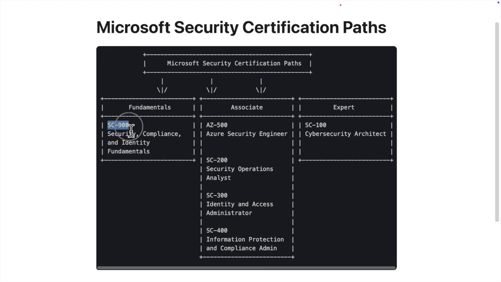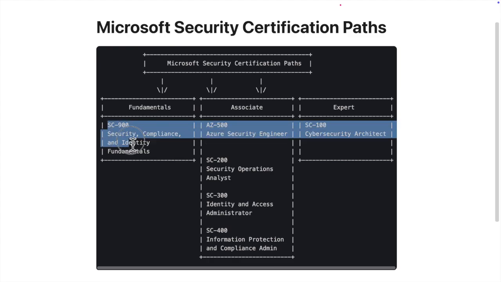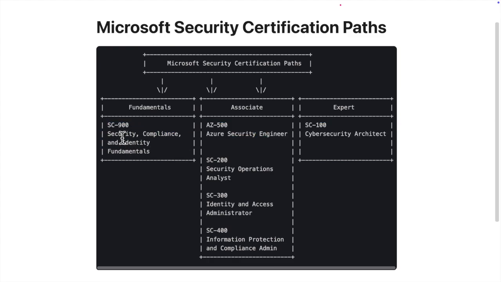This is the very fundamental certification for Microsoft security, and it consists of three things: security, compliance, and identity fundamentals. As I told, this is a very beginner-level certification that covers foundation knowledge on security, compliance, and identity concepts across cloud-based Microsoft fundamentals.